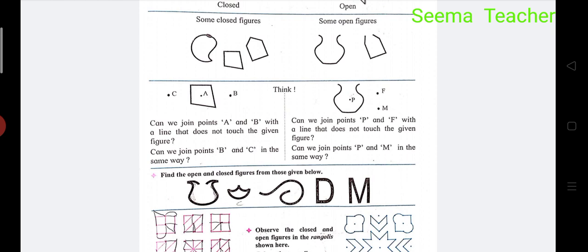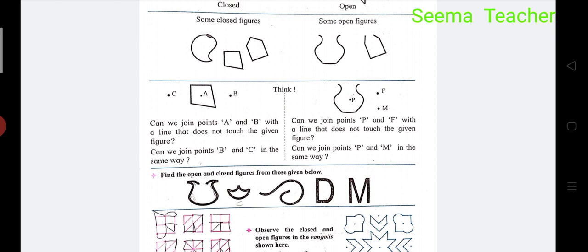So look here, can we join A and B? So we can join A and B here with a line that does not touch the given figure. Can we join B and C in the same way? We can join C and B in this way. You can draw the line outside and join B. So we can join this line also.